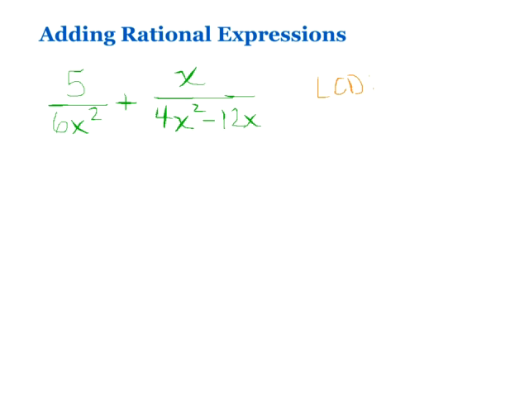So our first step here is to look at each of our denominators and see if any of them can be factored. Here, the 6x squared really cannot be factored any more than that. It's just 6 times x squared. It basically already is in factored form. But the 4x squared minus 12x can certainly be factored more, and so we want to do that.